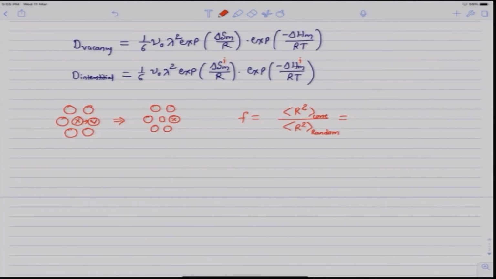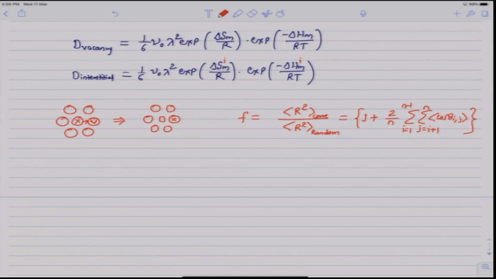So, f is essentially 1 plus 2 over n sigma average of cos theta i j, i equal to 1 to n minus 1 and j equal to i plus 1 to n.